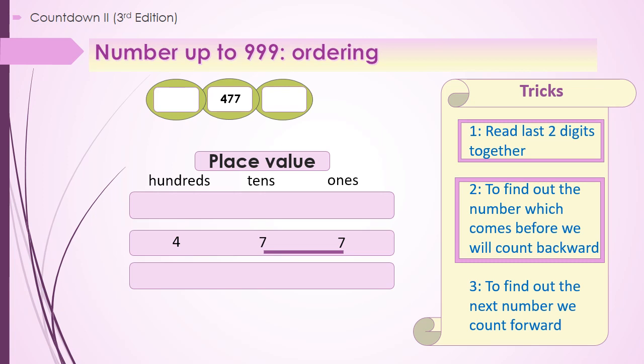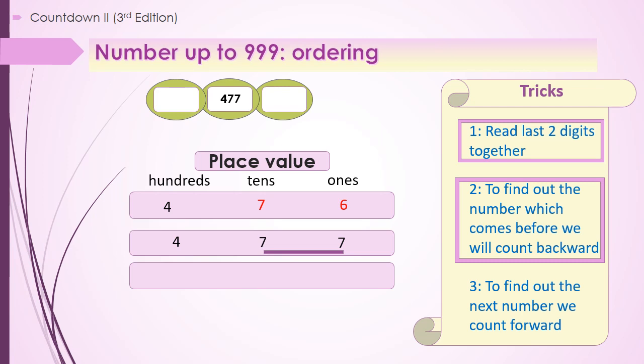The number which comes before 77 is 76, and the number on hundreds place will remain same. So the missing number is 476, or you can say the number which comes before 477 is 476.